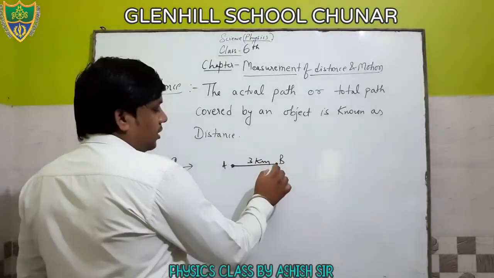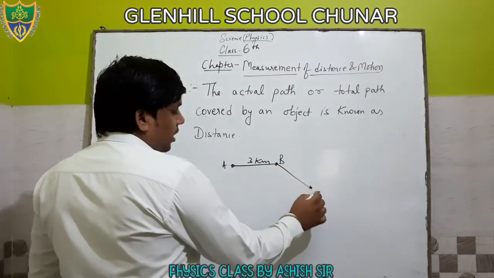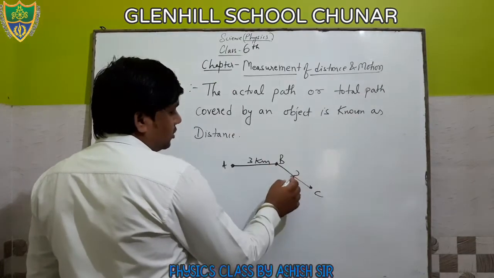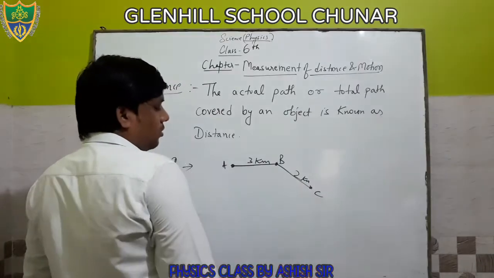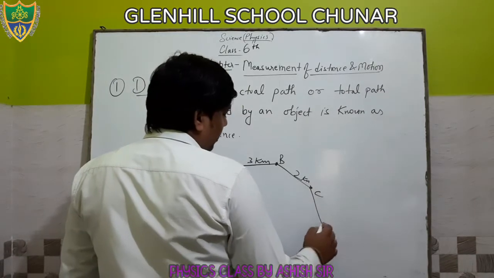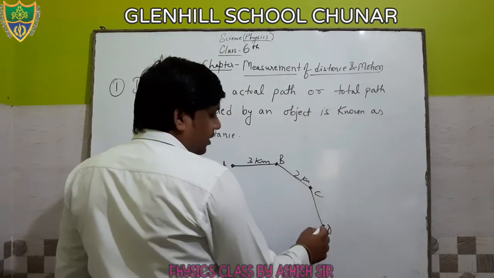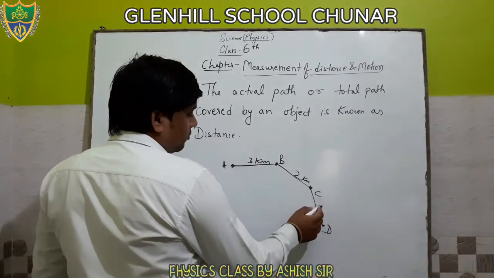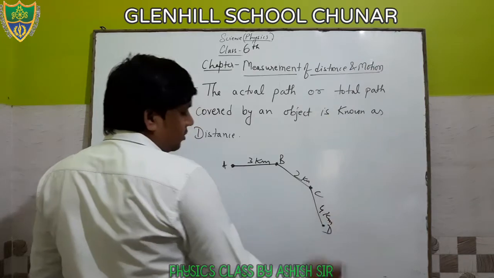After B, it moves again to a point C, and the distance between B and C is 2 kilometers. Then this is a D point. The person moves to D, and the distance between C and D is 4 kilometers. Suppose that.